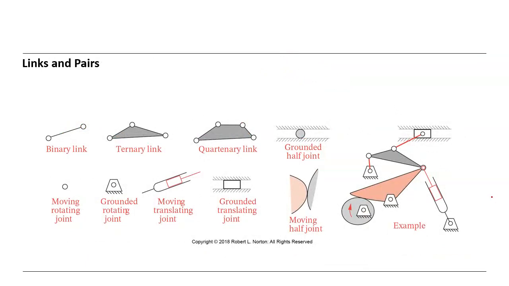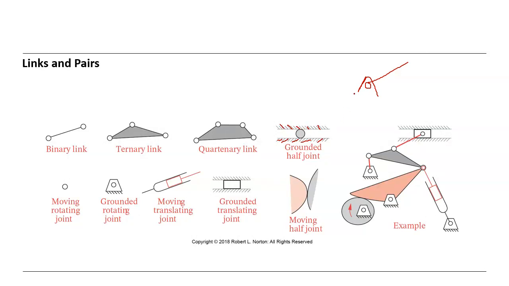Okay, so links and pairs. So we said this is the binary link, this is the ternary link, this is the quaternary link, and this is a grounded half joint. This sign means grounded. So this one is grounded. And here, a moving rotating joint, pin joint. And this means a grounded rotating joint like this, like we already discussed.